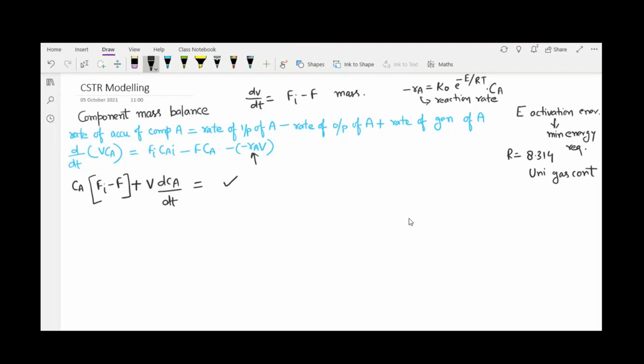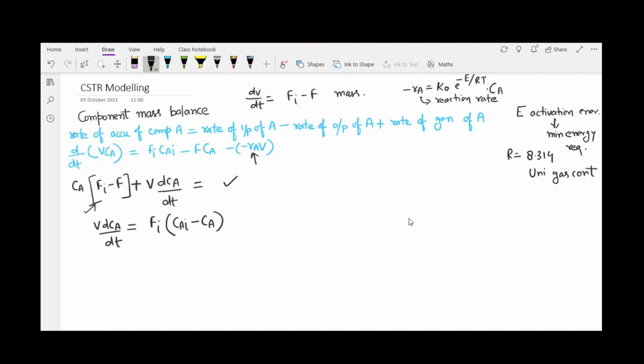Then we will take some of these things to the right hand side. So V dCa by dt is equal to, when we take this Ca times Fi minus F to the right hand side, we can take Fi common, and we'll have Cai minus Ca.